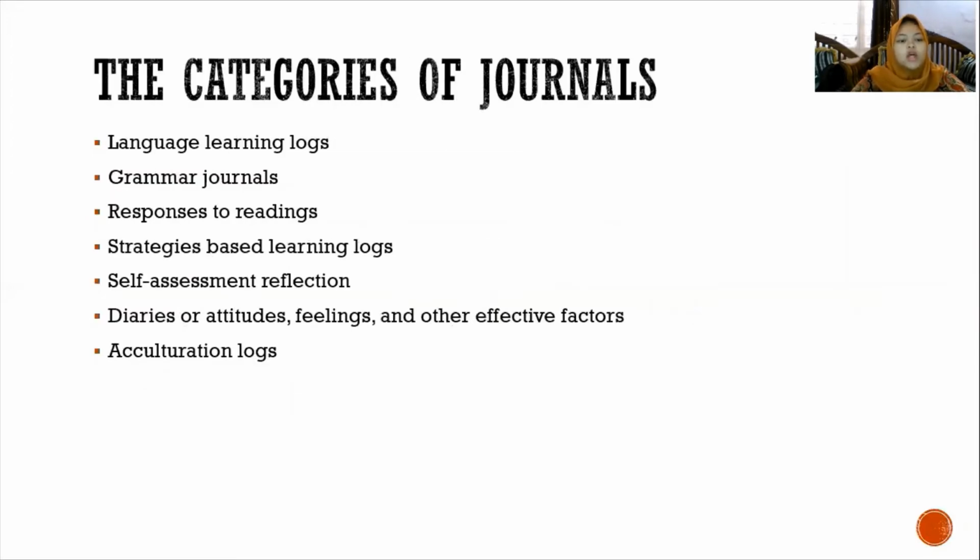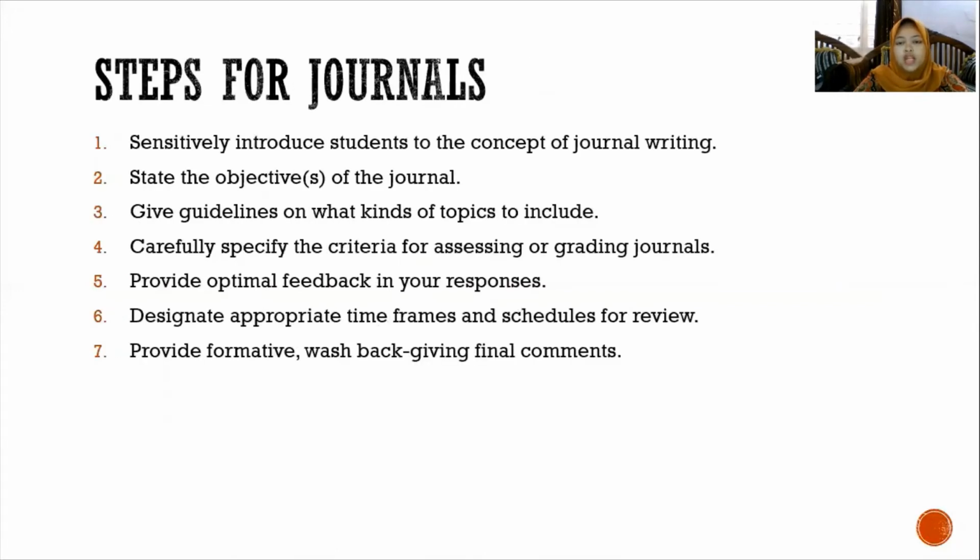For example, the teacher should make a journal about responses to reading. So the teacher should make a journal about, for example, one book that the students read. For example, the students should make a journal based on the novel that they read or something like that. So the point is, in setting the objective, the teacher should determine the object of the journal.